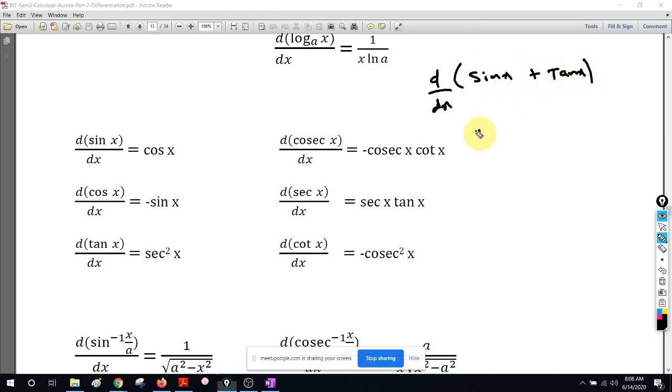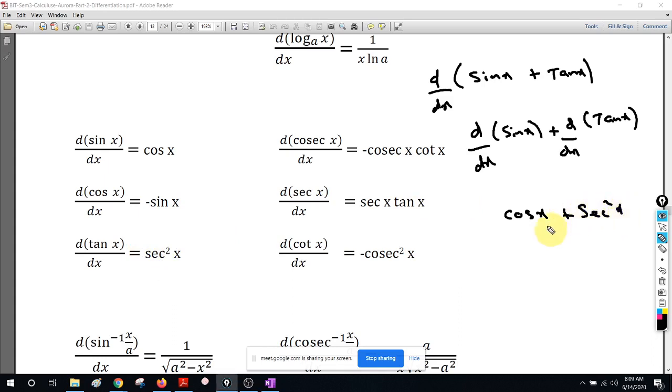Again summation, I can do it separately: d by dx sin x plus d by dx tan x. So we know that d by dx sin x is cos x plus d by dx tan x is sec squared x. The answer is this. The answer is this, right?